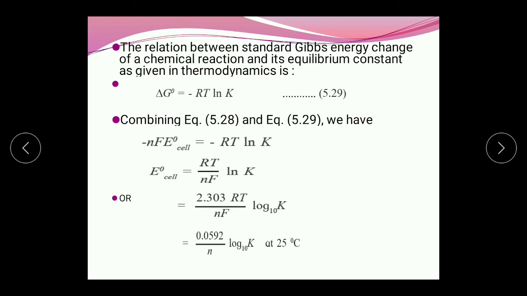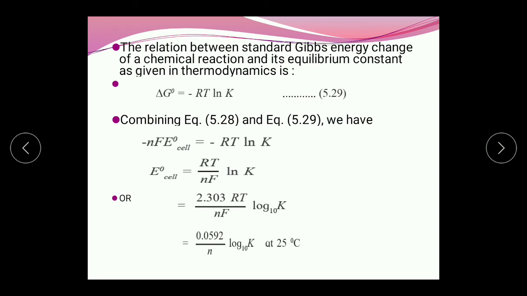And hence E0 cell equal to 2.303 RT over nF into log to the base 10 of K. So again substitute the values of R, temperature at 25 degrees Celsius, that is in Kelvin, it will become 298.